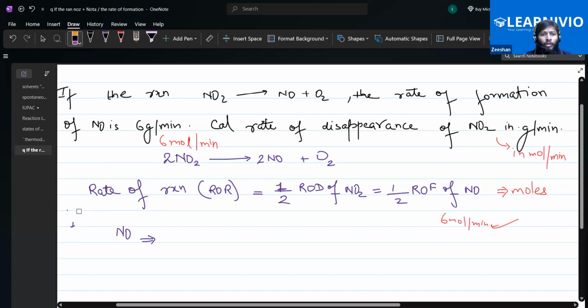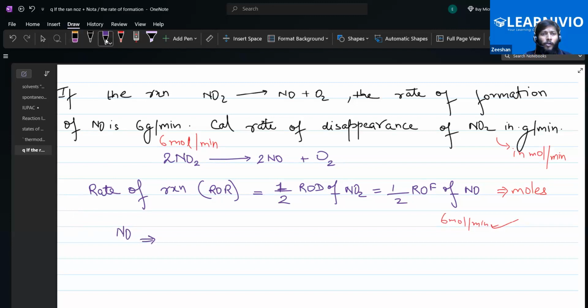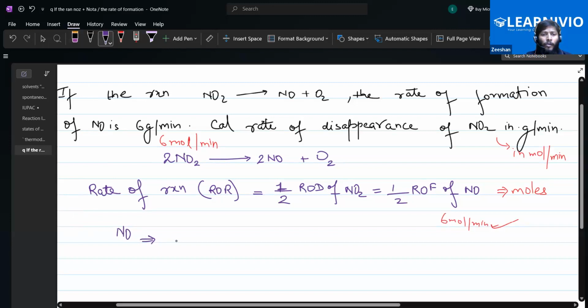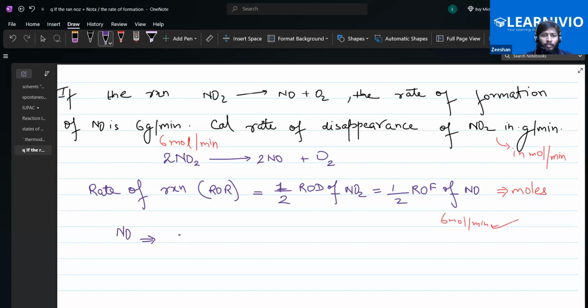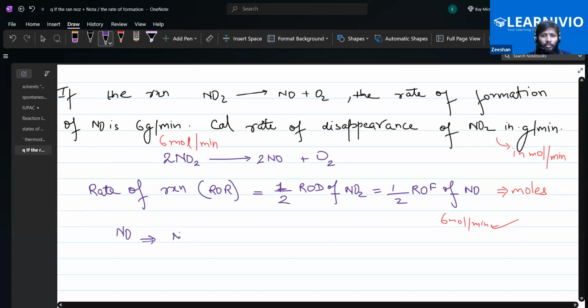Maimuna, you remember the formula to take out molar mass? No, sir. Okay, no problem. Nitrogen plus oxygen.